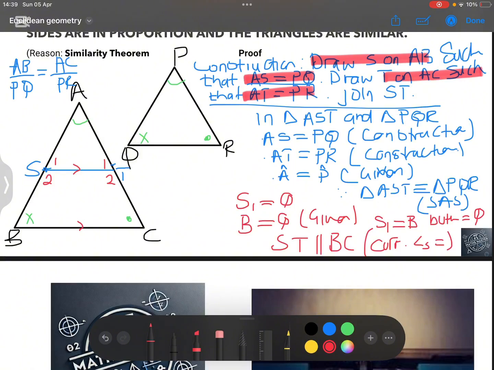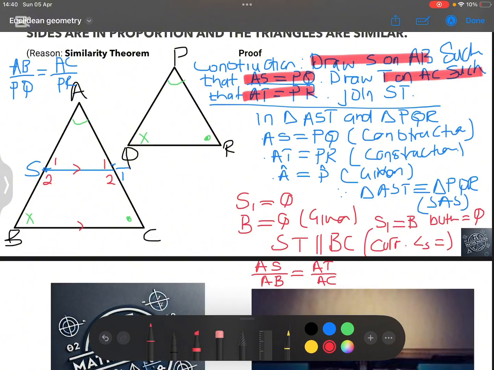So now we can apply the proportionality theorem to say that AS divided by AB is equal to AT divided by AC.